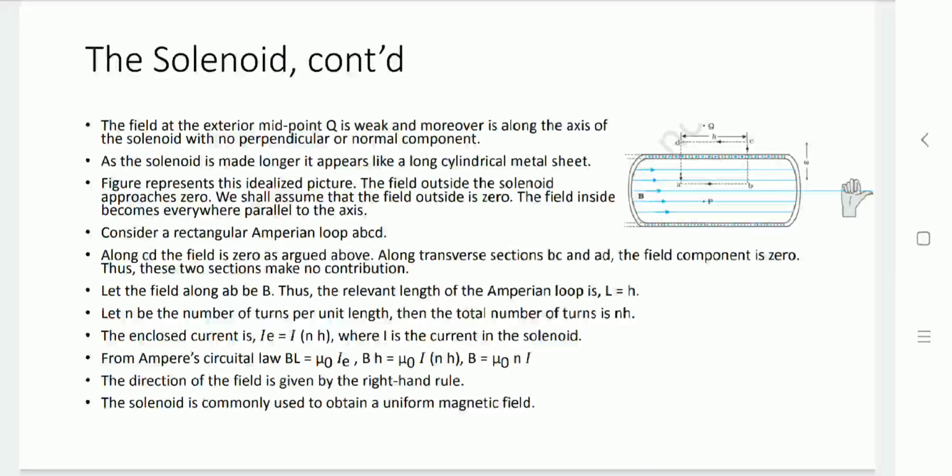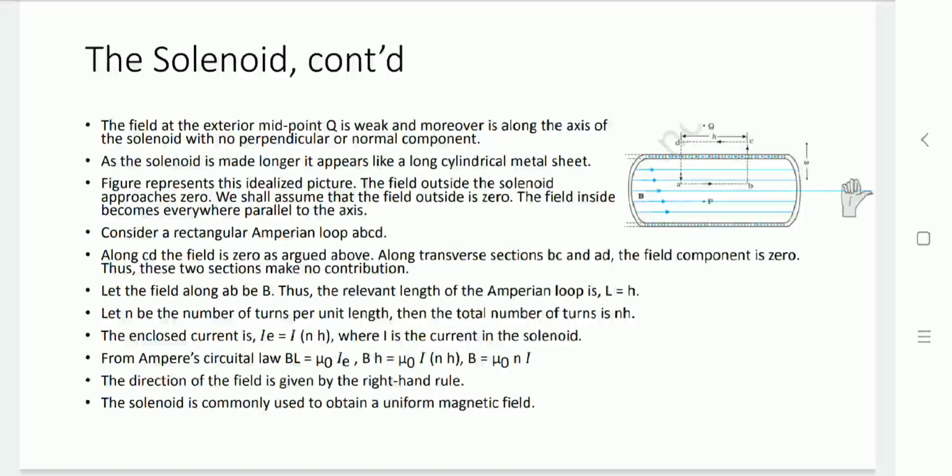So in between these two points, in the interior part, a current exists due to the magnetic field. The number of turns within unit length is n, so the number of turns in length h is n times h, as the turns are closely spaced to each other. So the enclosed total current Ie equals I n h.